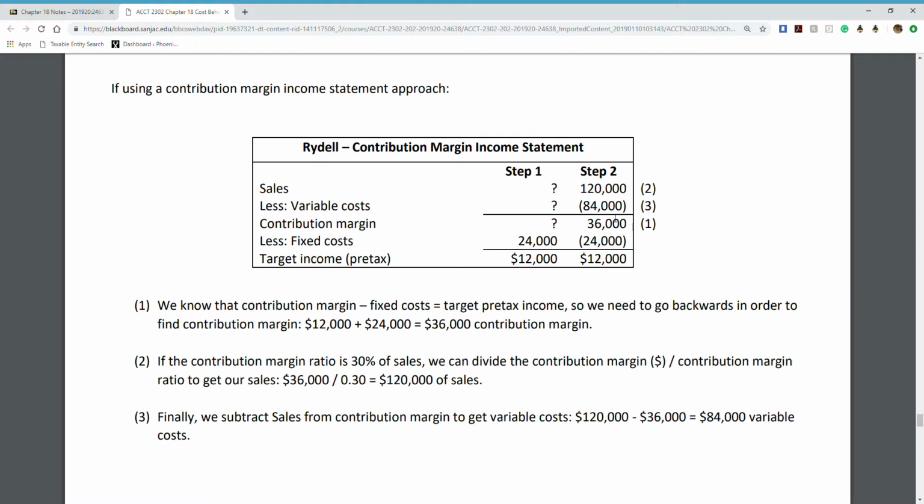Step two, if the contribution margin ratio is 30%, which we figured out before, we divide that contribution margin dollar amount, the 36,000, by our ratio, which gives us that 120,000. That will be right here. That's our sales. And all we have to do is subtract our contribution margin from our sales, and that will give us our total variable cost.